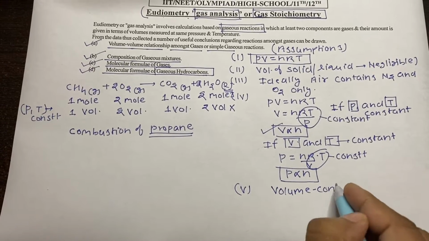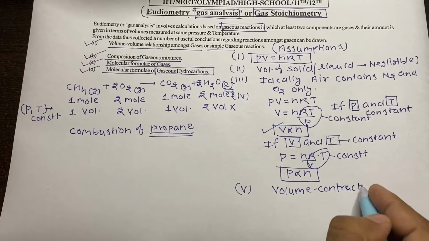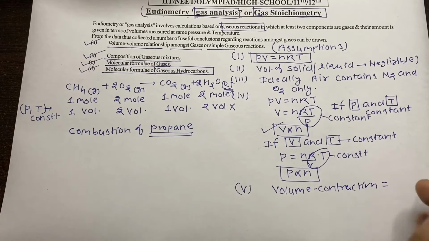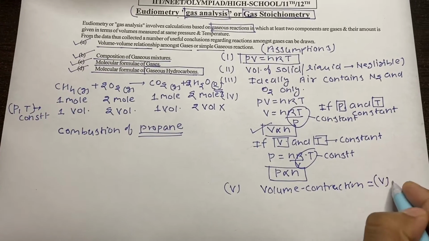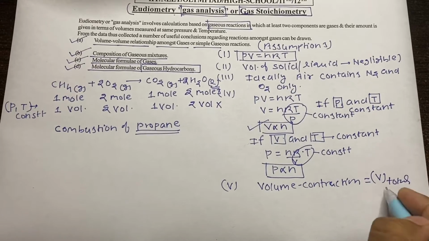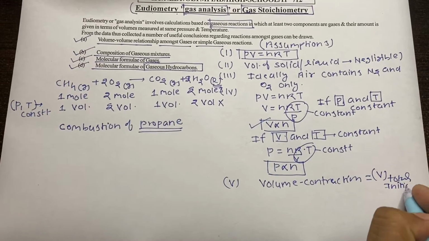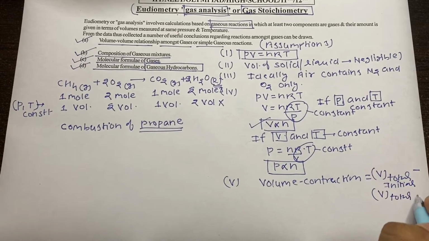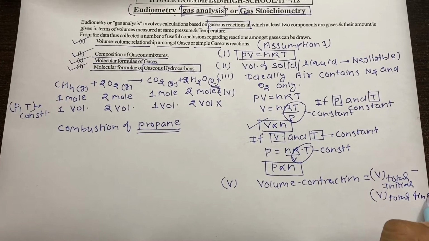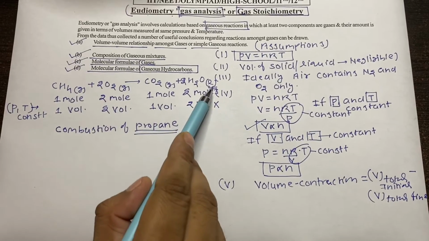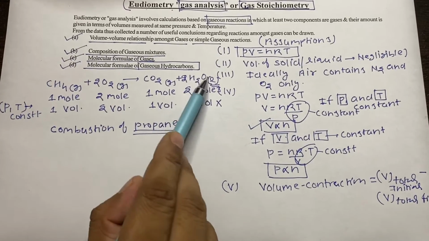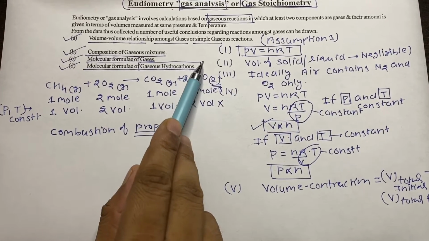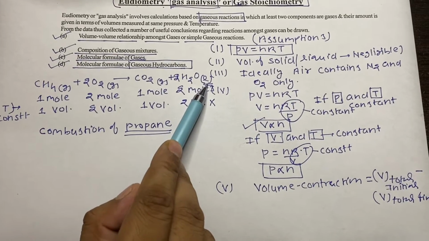eudiometry. Volume contraction means total initial volume, V total initial, minus V total final. As in the combustion reaction, the volume contraction occurs because of conversion of H2O(g), or H2O vapor, into liquid, right?